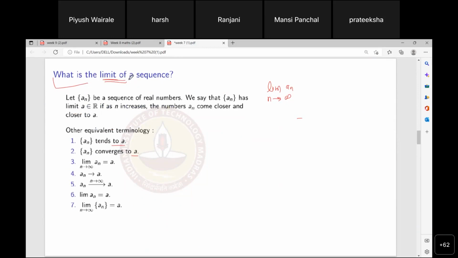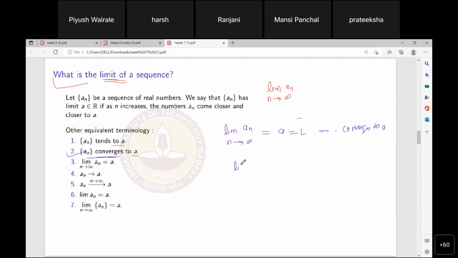So let's talk about this limit of sequences. When I find the limit of any sequence, say a_n, as n tends to infinity, and I get a particular value, say a, I can say this sequence a_n converges to a.